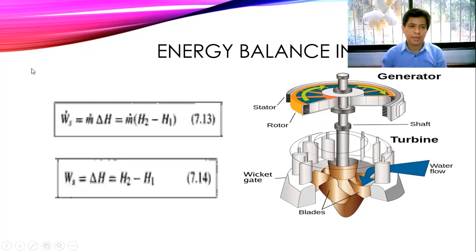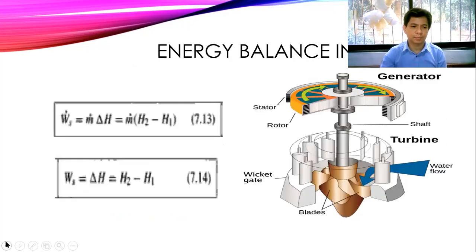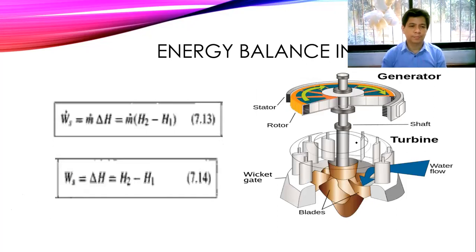Diba, equation natin, ang general energy balance equation natin is delta H plus delta KE, kinetic energy, plus delta PE, potential energy, is equals to Q plus shaft work, WS.